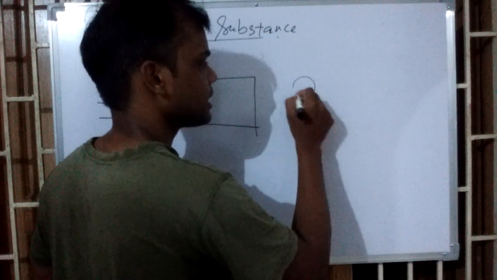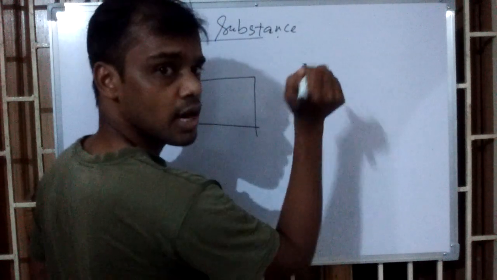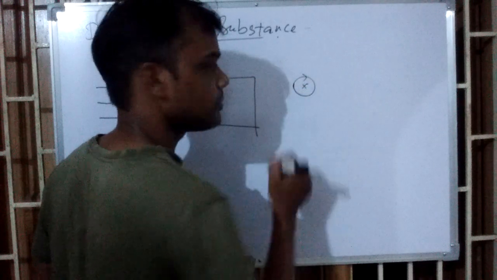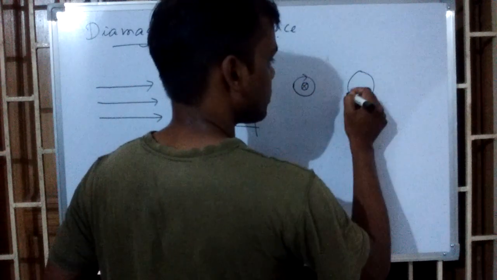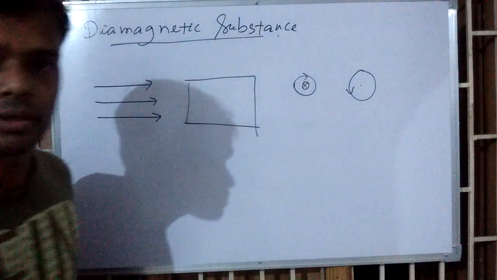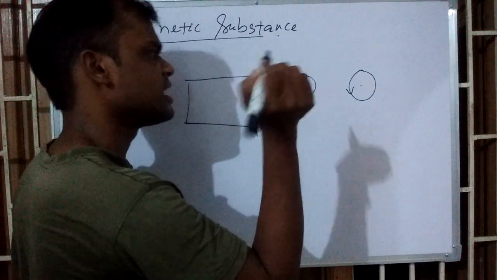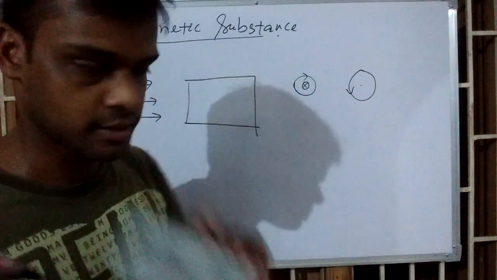Suppose one is rotating like this, so its magnetic field will be towards the board. And if the electron is revolving like this, its magnetic field will be out of the board. That means one is in that direction and another is in that direction, so two directions.